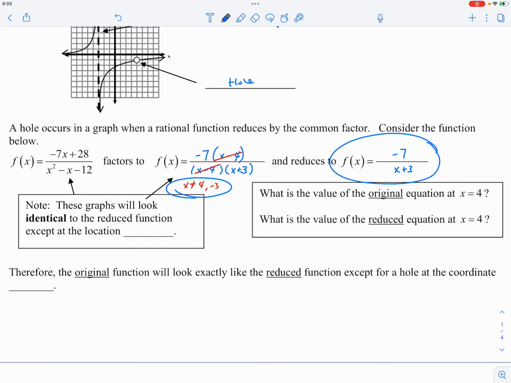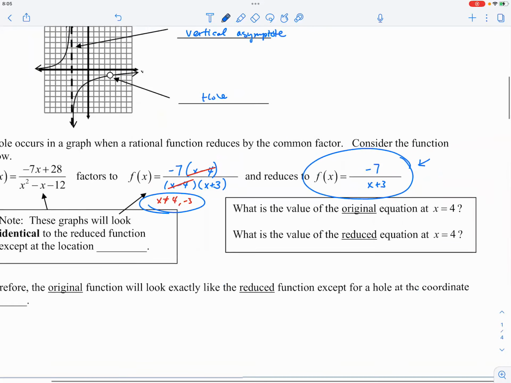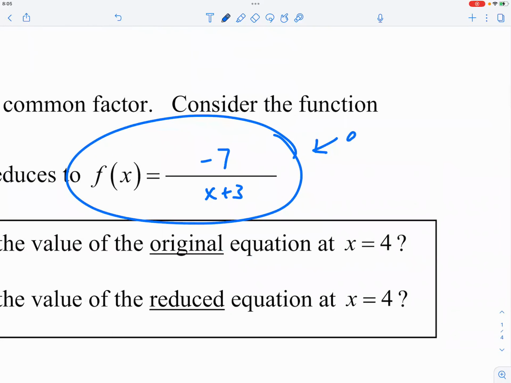This is how I'm going to phrase it: we will graph this as normal, but, a huge but, x still cannot equal 4 due to the restriction.